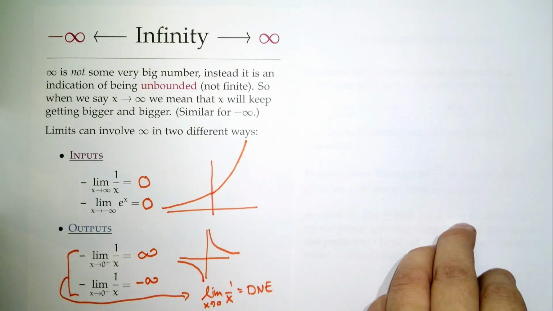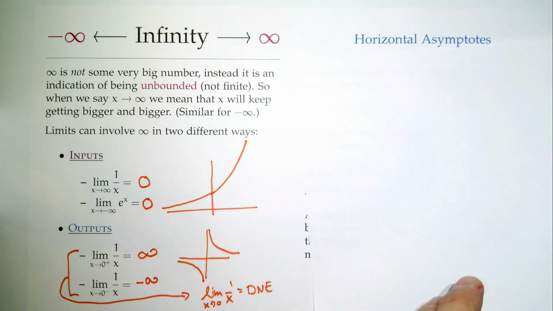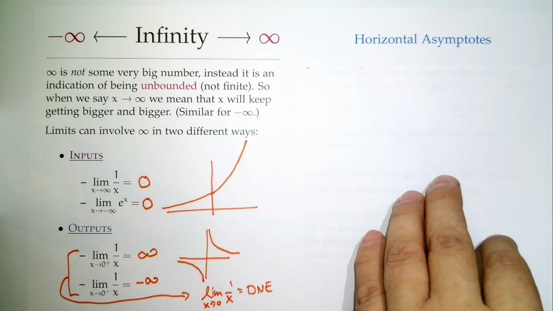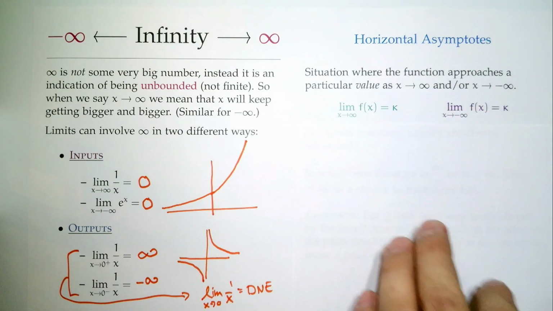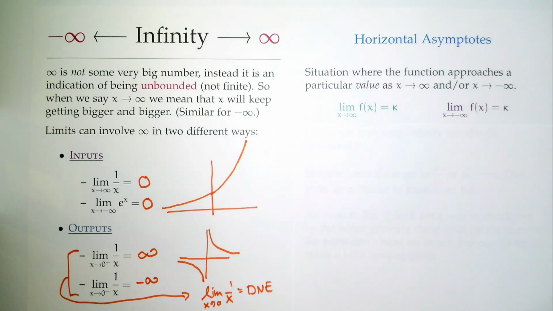Okay. So the next thing we want to talk about are what are called horizontal asymptotes. Now, a horizontal asymptote means that the function is approaching a particular value as x approaches infinity or as x approaches negative infinity.